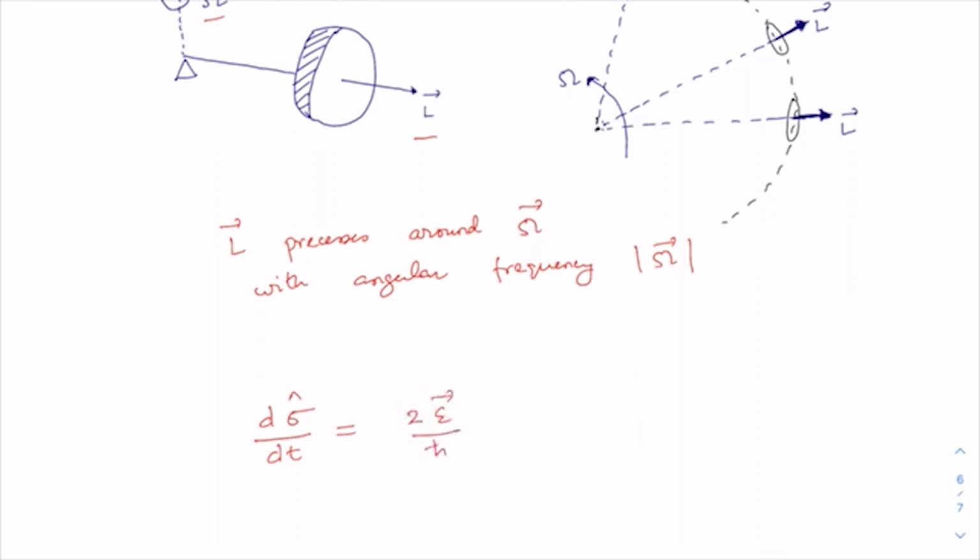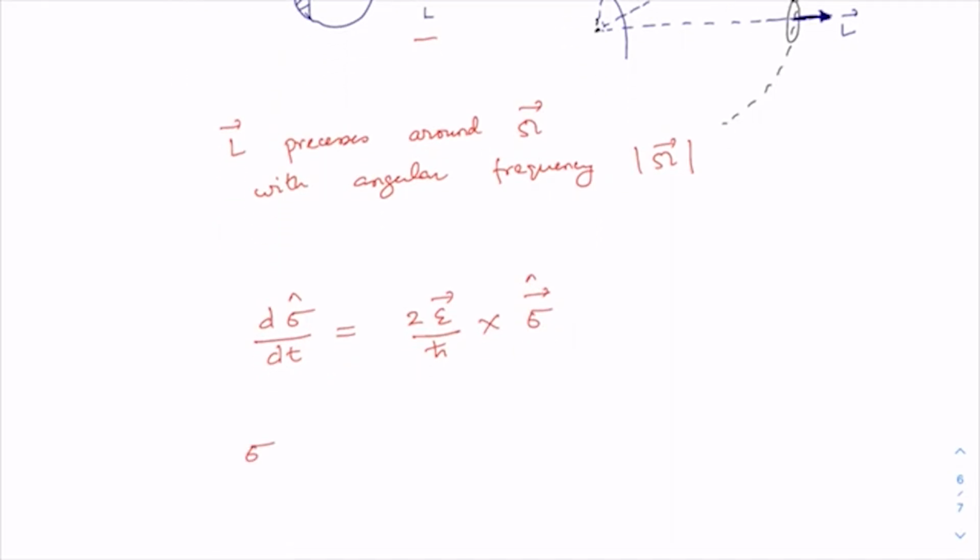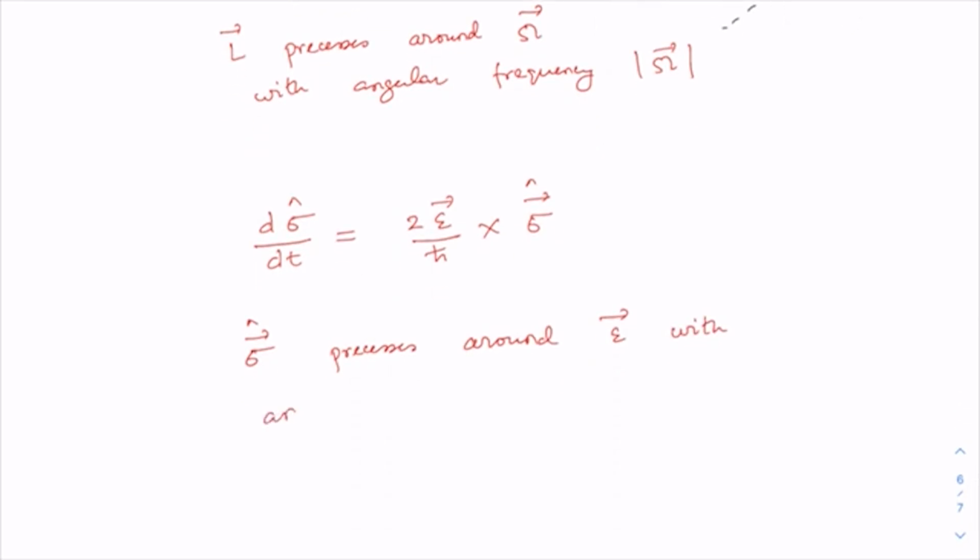In fact, along similar lines, we can interpret this d sigma by dt is equal to 2 epsilon by h cross cross this Pauli vector, that this Pauli vector precesses around this epsilon vector with angular frequency 2 epsilon by h cross.